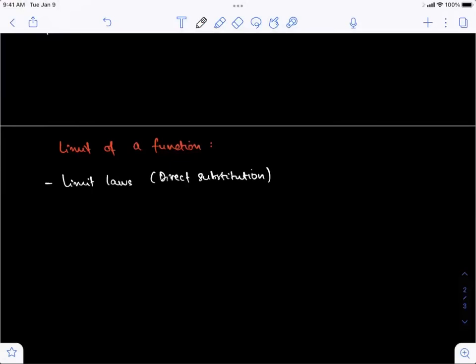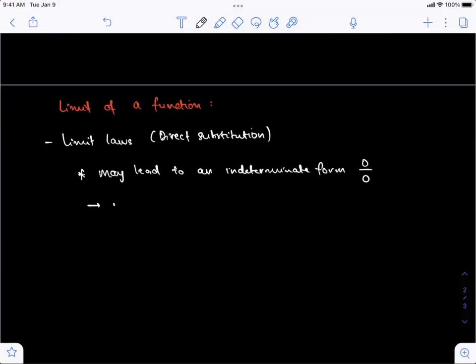When we use direct substitution, the limit sometimes leads to an indeterminate form of zero over zero. To avoid this indeterminate form, what you can do is reduce the function that you want to find the limit of by factoring.